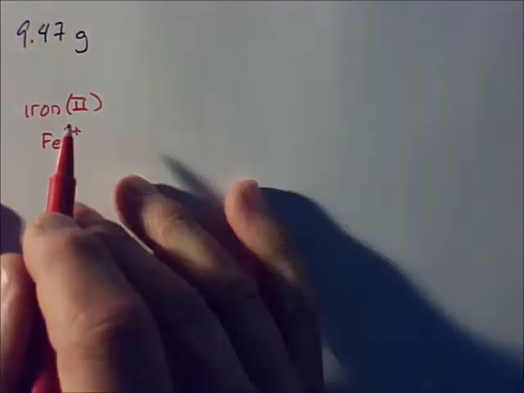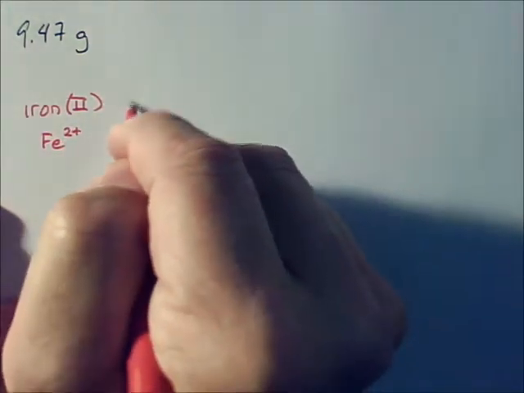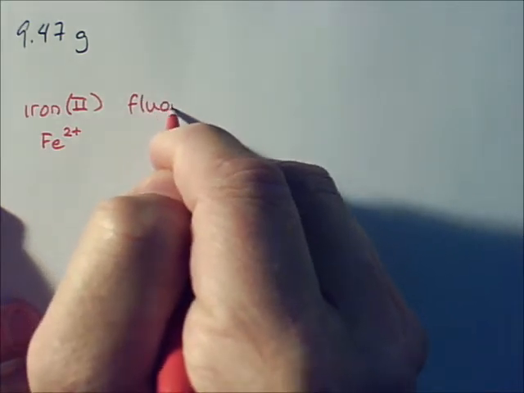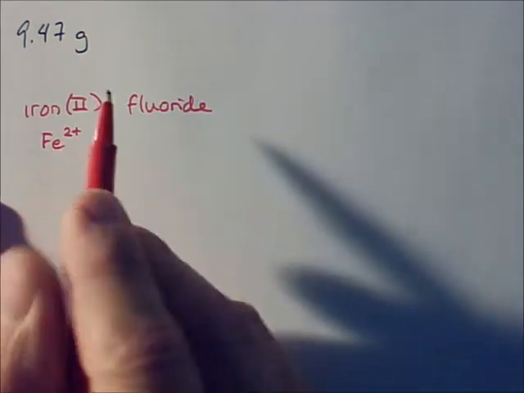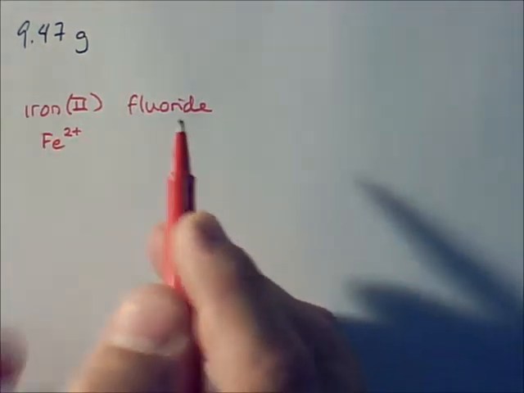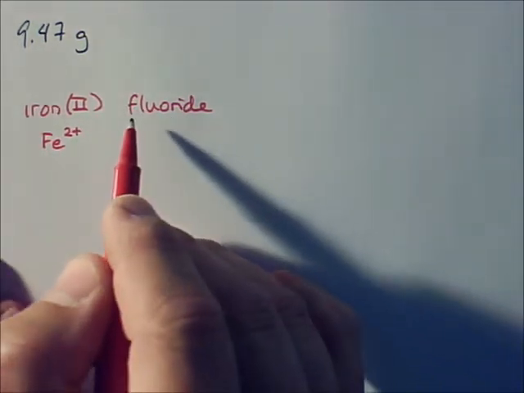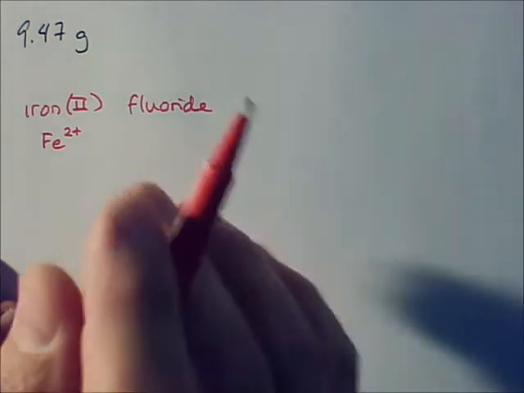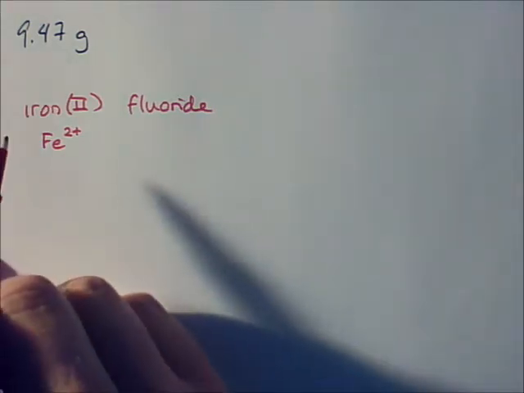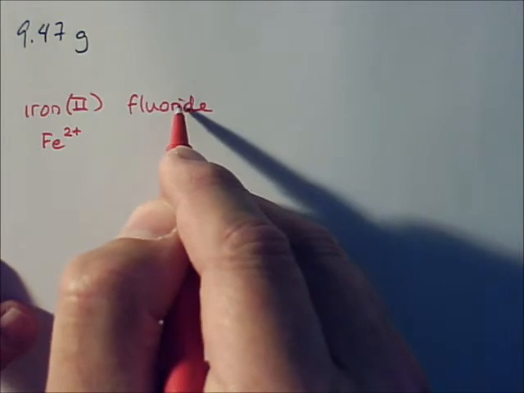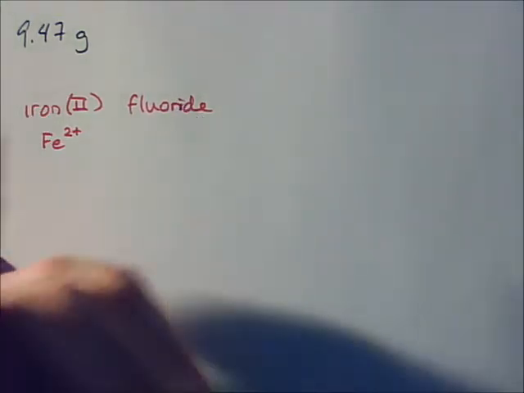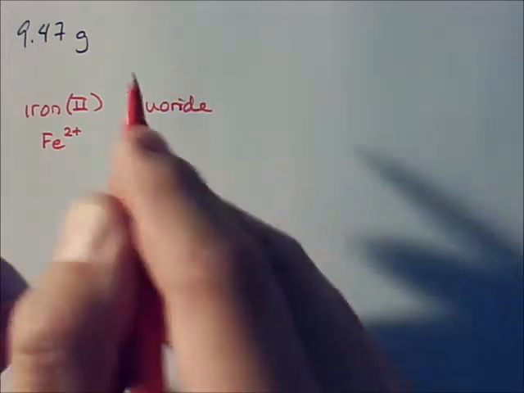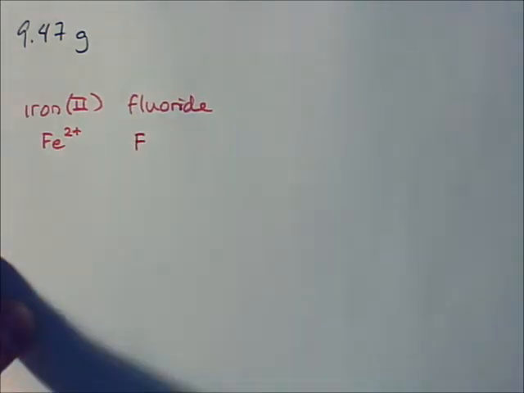And fluoride, the -ide ending in an ionic compound like this means we have a fluorine by itself but with some kind of negative charge. -ide endings in an ionic compound mean you have a negative charge on that monoatomic particle. So we need to know the charge on the fluorine.